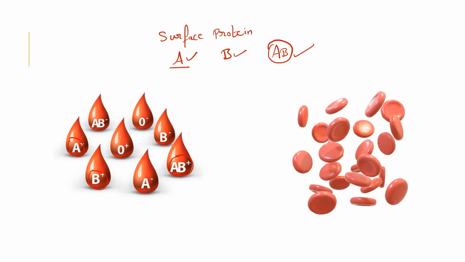Why can't a person who has blood group A give his blood to a person who has blood group B? Or why can't a person who has blood group AB give his blood to B or to A? It is very important to know this.